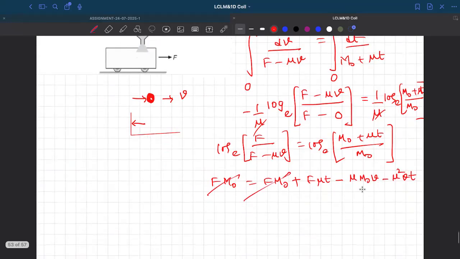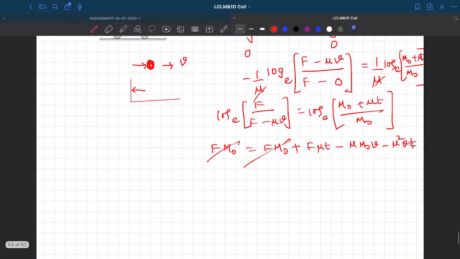You cancel this, and bring all the v terms to this side. By the way, mu is there in every term. So F into t is m naught plus mu t times v.